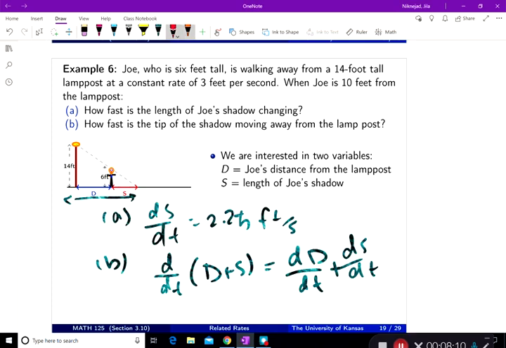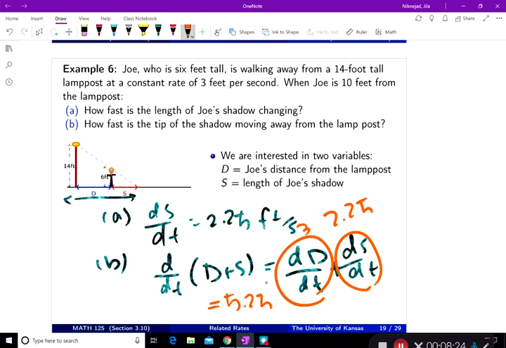This one is 2.25, and this one was given, that was 3, so I can add them up to get 5.25.